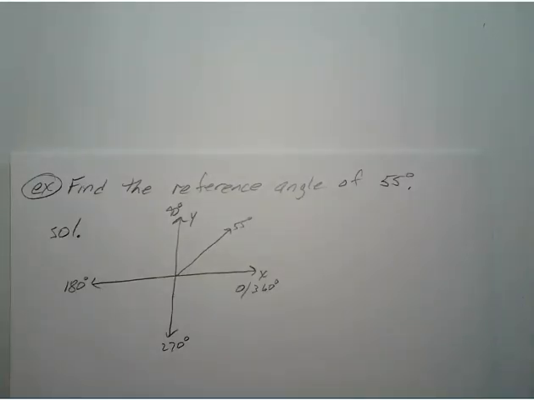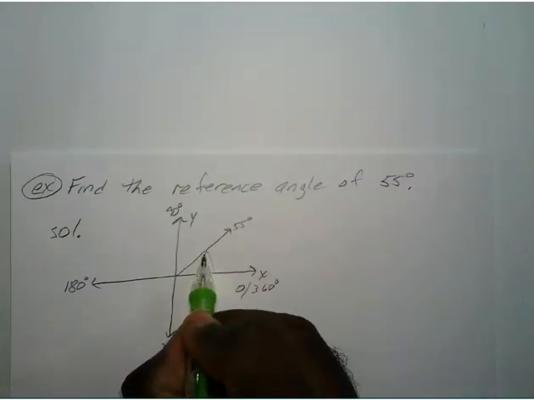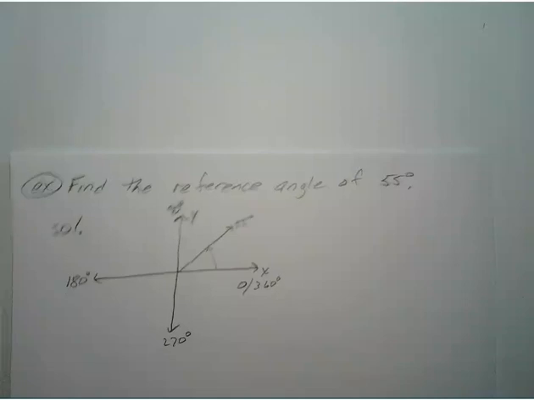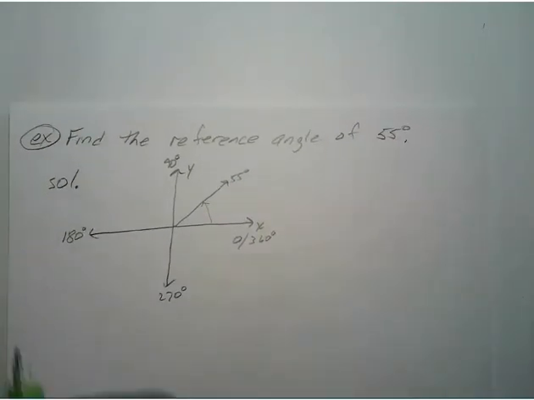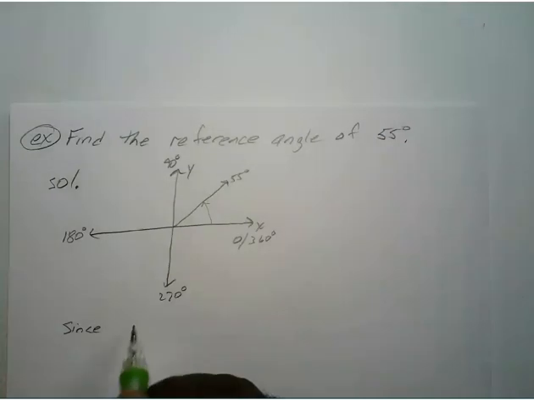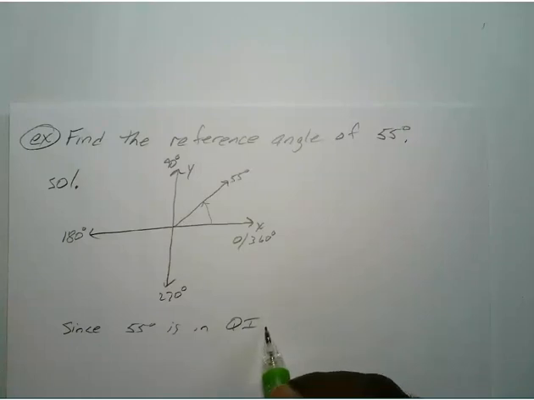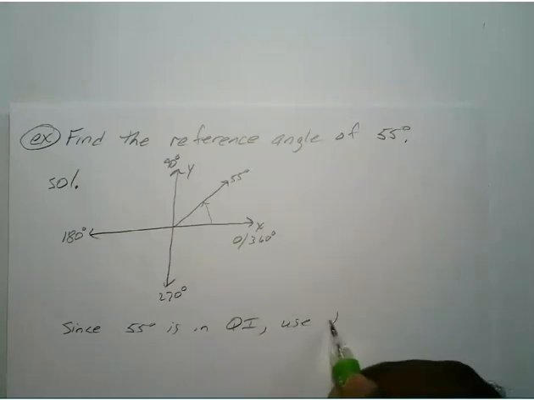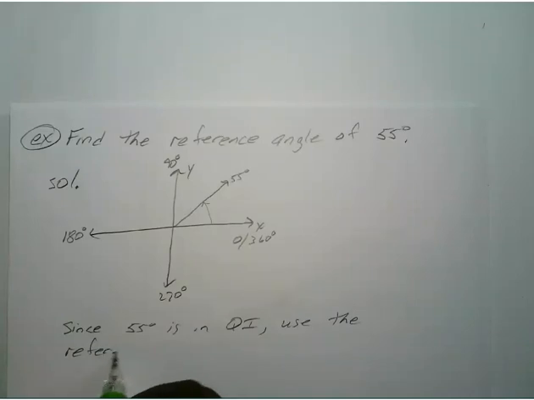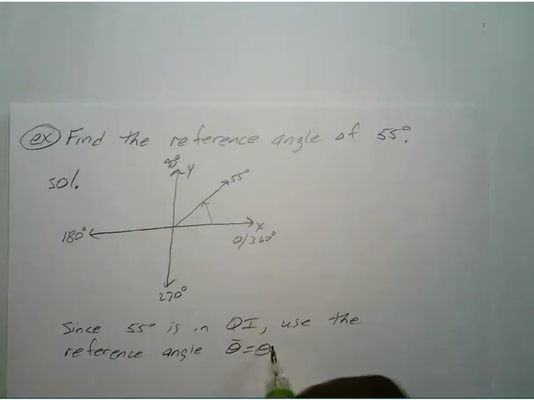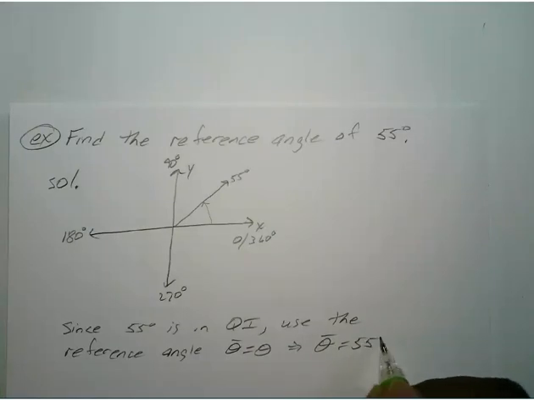Now, since 55 degrees is in quadrant 1, our reference angle is just 55 degrees. Because literally, this is the shortest distance from the x-axis to that terminal point. So since 55 degrees is in quadrant 1, use the reference angle theta bar equals theta, which implies that your theta bar is just equal to 55 degrees.